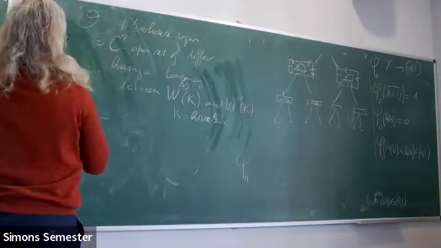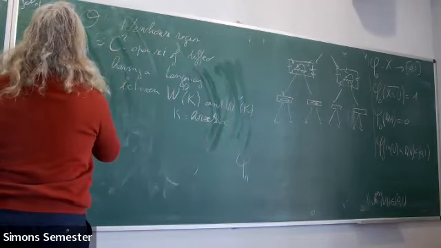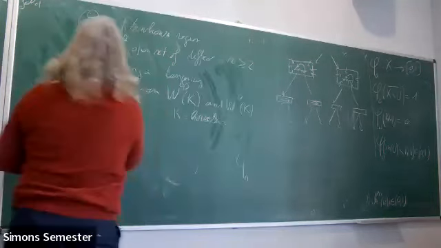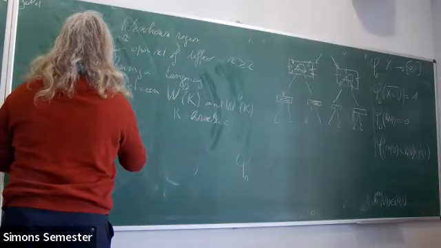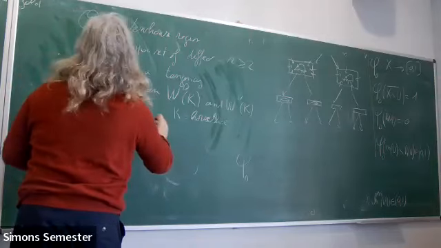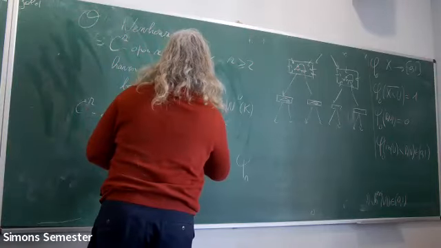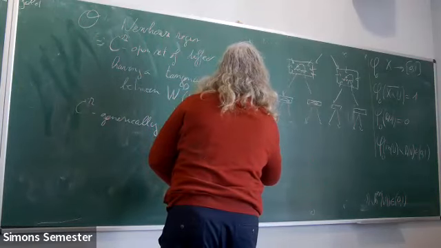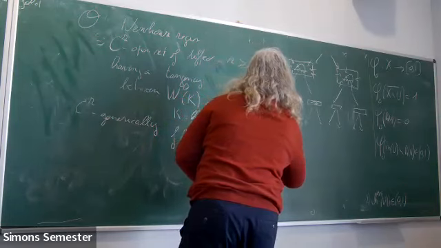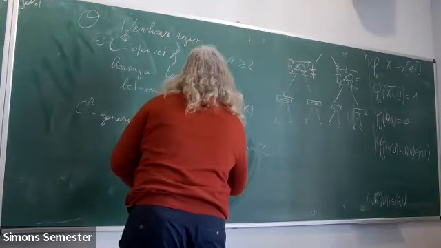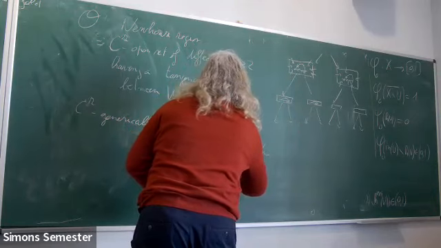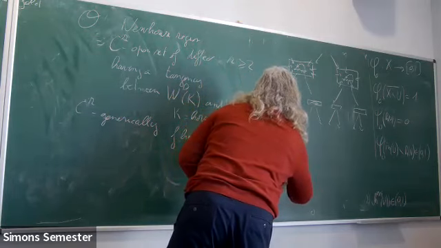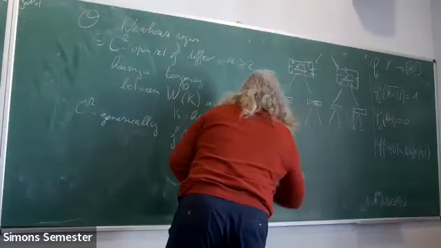Okay, so you take some C2 open region, then C2 generically, or you put C^r, r larger than 2, C^r generically, you have that f has an uncountable set of chain recurrent classes which are all adding machines.